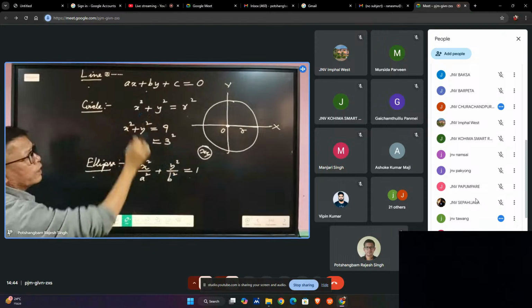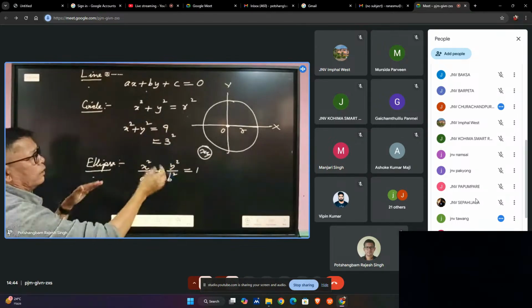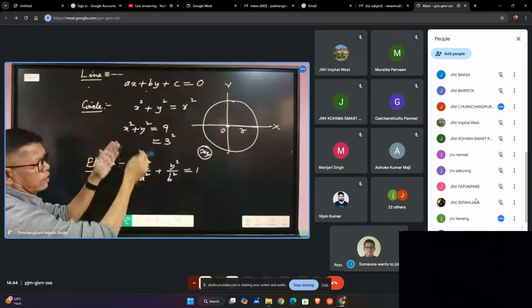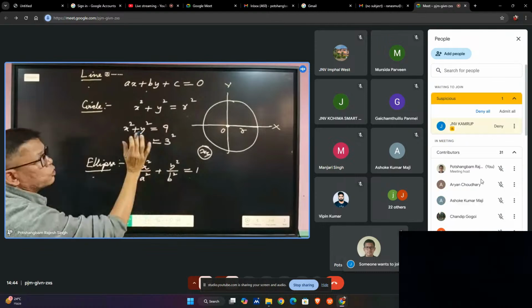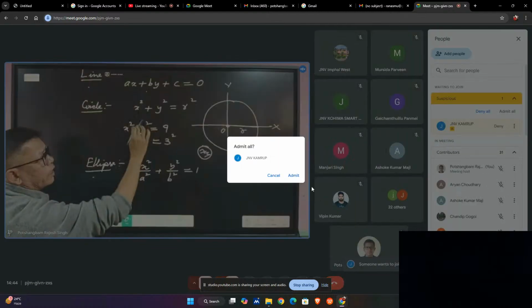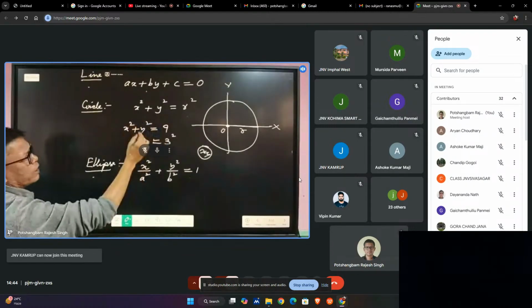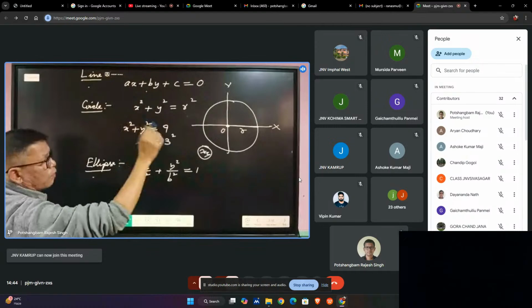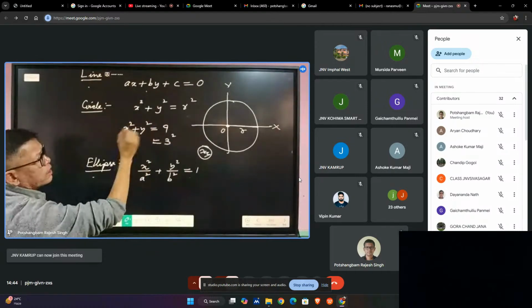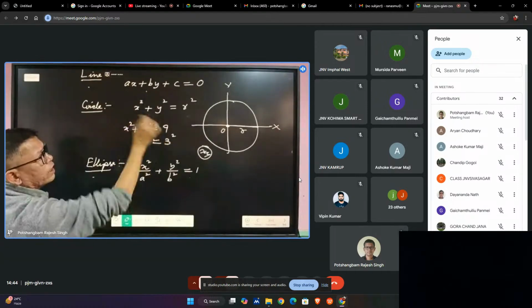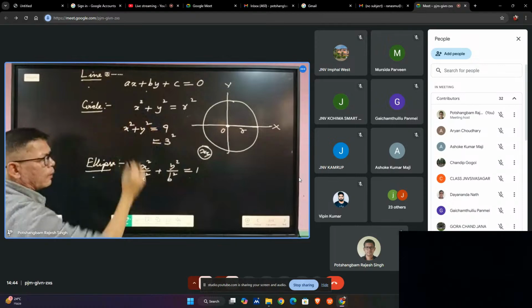The circle is also a second degree equation, and the ellipse is also a second degree equation. So how can you identify whether it is a circle or an ellipse? Check the coefficient of x squared and the coefficient of y squared in the equation. If the coefficient of x squared is the same as the coefficient of y squared, that equation represents a circle.